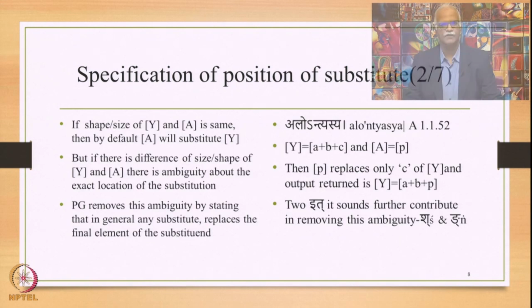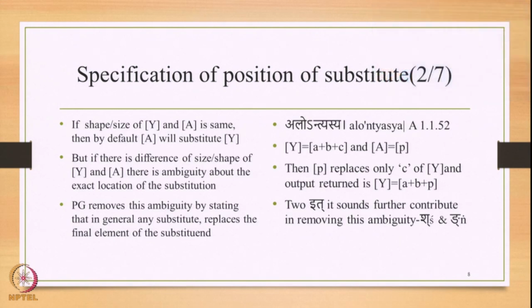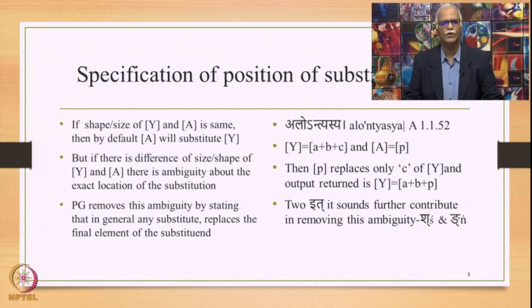Now, given this, if we focus on the size of y and A, we will note the following facts. For example, if the shape or the size of y and A is the same, then by default A will substitute y. But if there is a difference of size or shape of y and A, there is ambiguity about the exact location of the substitution.